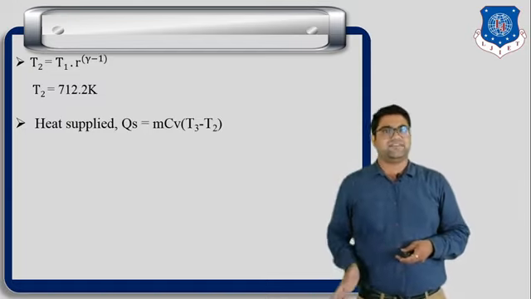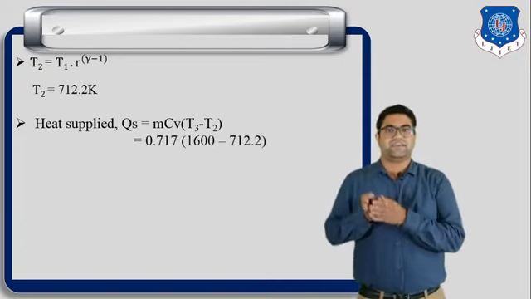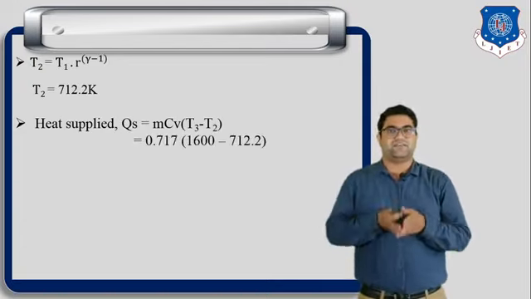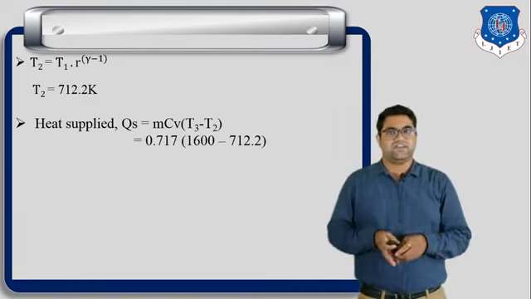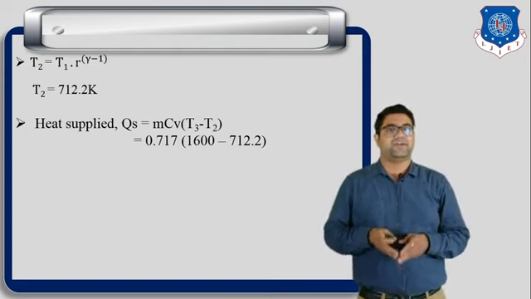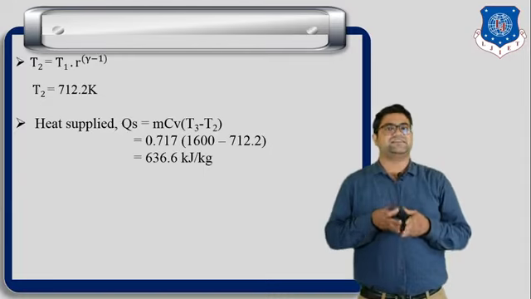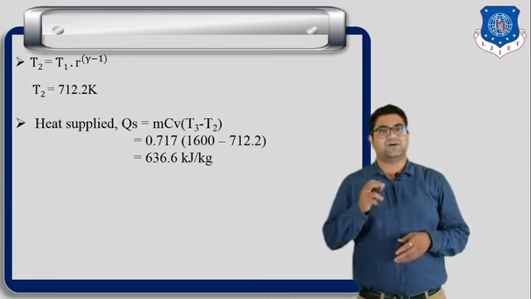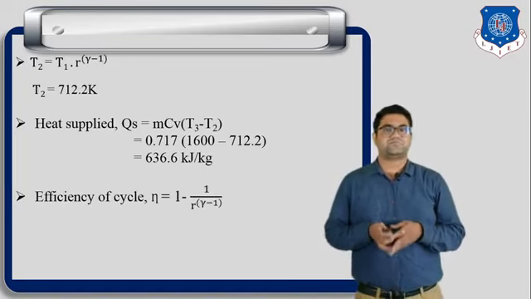Now T3 is already given and T2 we have found, so we can put in all the values: 0.717 into (1600, that is the value of T3, minus 712.2, the value of T2). So we get heat supplied equal to 636.6 kilojoule per kilogram. Okay, so this is the value of heat supplied.